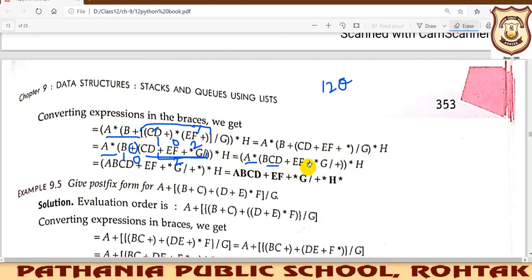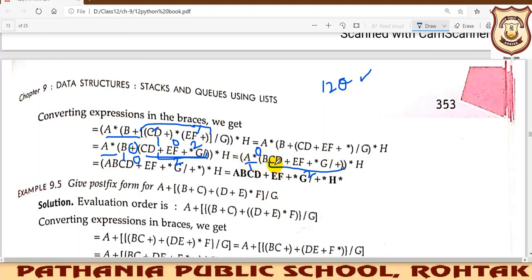So how to write for it? Now you can see this is your operator, and up to here it is the second operand. So again follow this rule. Operand 1, operand 2 and operator, you see the same case, multiplication followed by a number of things inside the bracket.